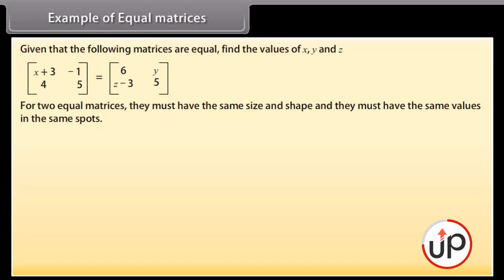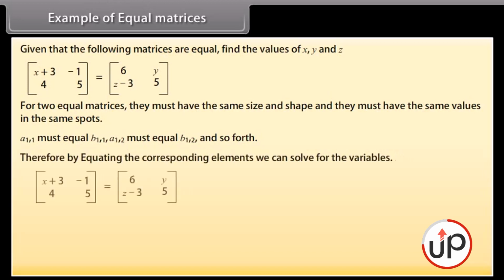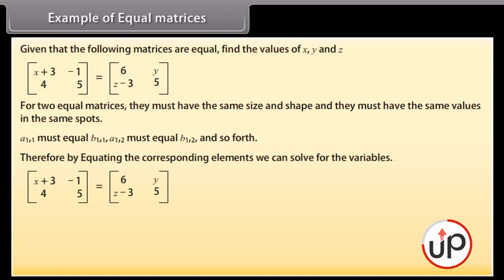Or we can say A11 must be equal to B11, A12 must be equal to B12 and so forth. Therefore, by equating the corresponding elements, we can solve for the variables. x plus 3 is equal to 6, x is equal to 3, y is equal to -1, z minus 3 is equal to 4, z is equal to 7.